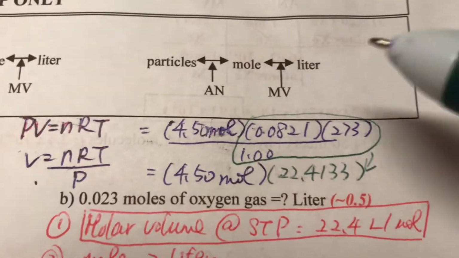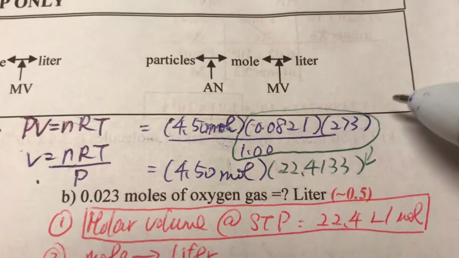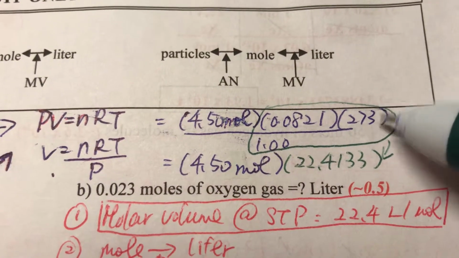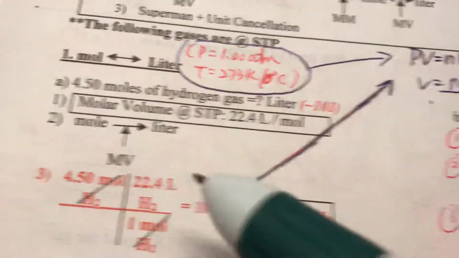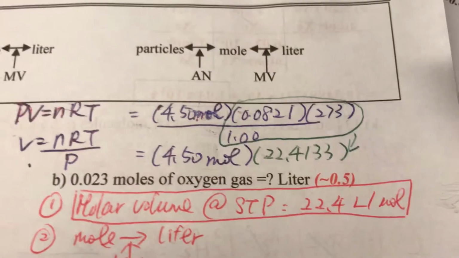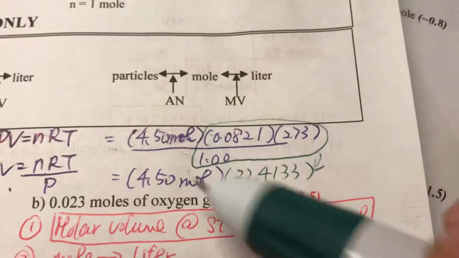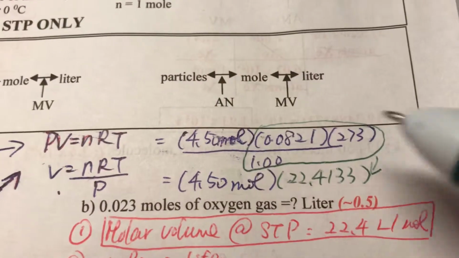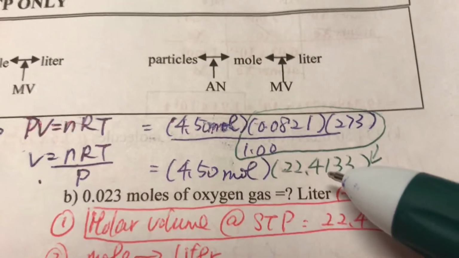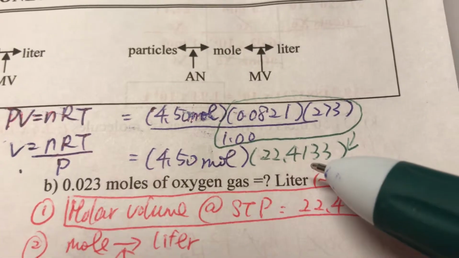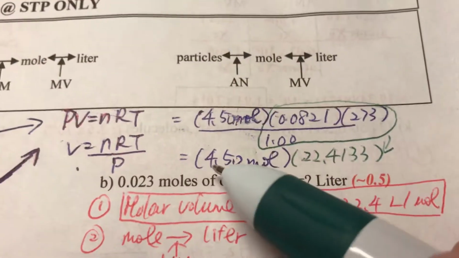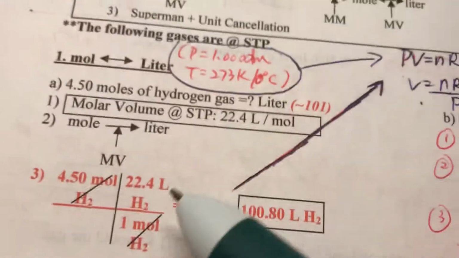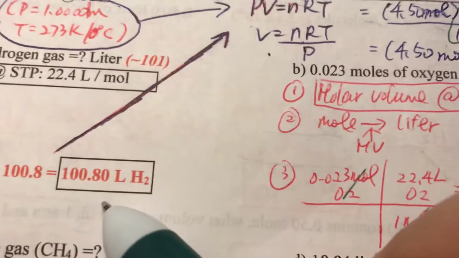But instead of substituting R, the 273 and the 1, I can put in 22.4. Why? Because 0.0821 times 273 over 1 is roughly 22.4. So if I take 4.5 times 22.4, I still get the same answer, 100.8.